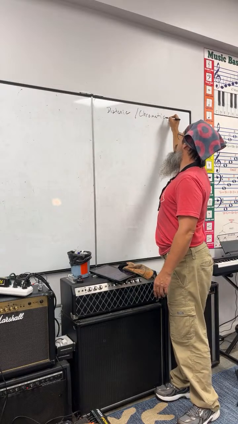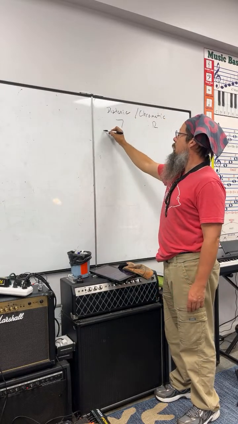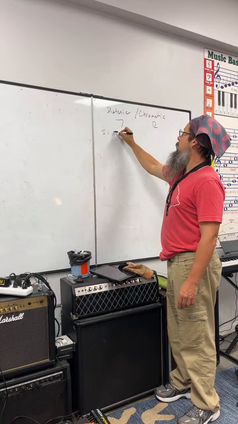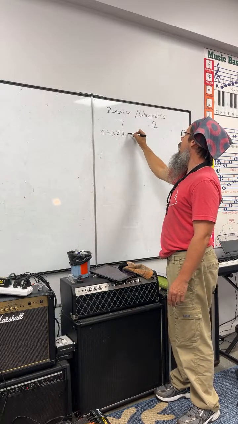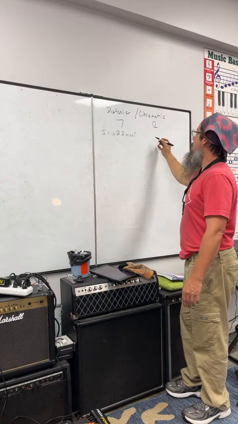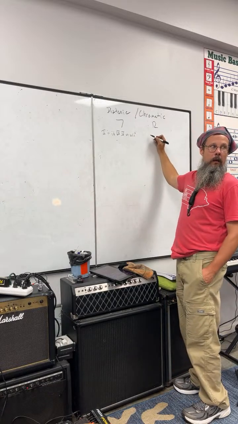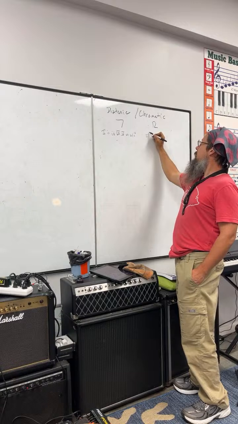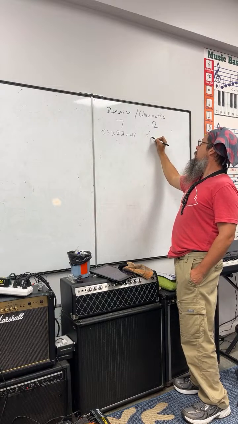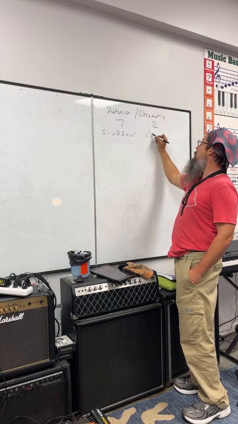One has 12 notes, one has 7. This is our do, re, mi, fa, sol, la, ti, do. The other one has every note in between. It has the 1, and then the augmented 1. It has the 2, and then the augmented 2.